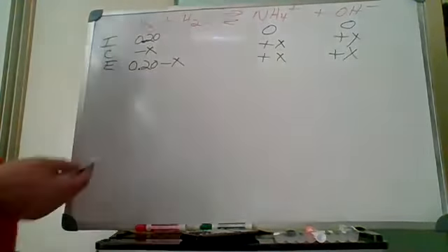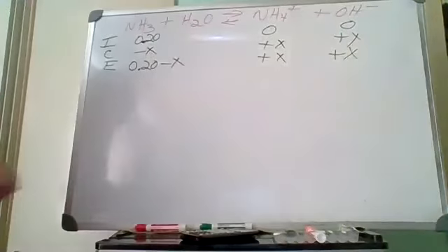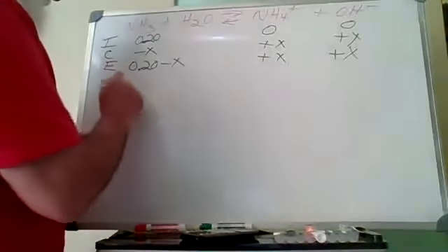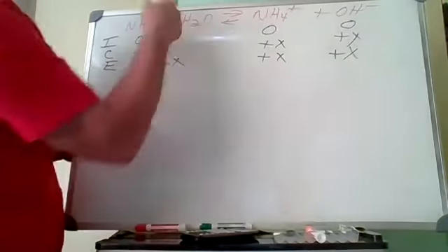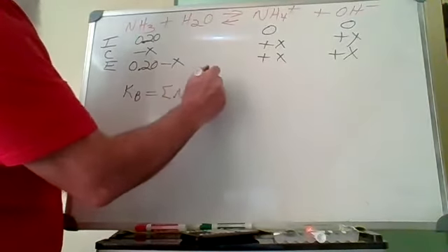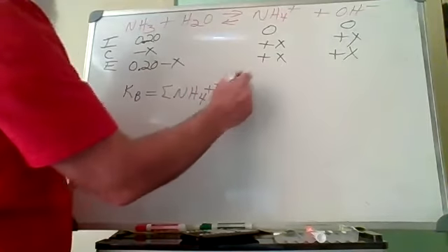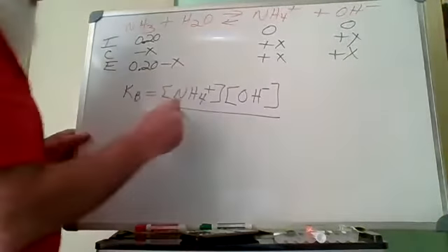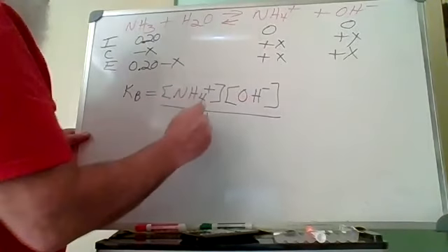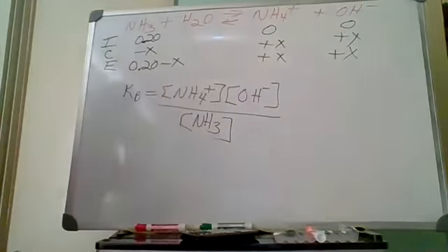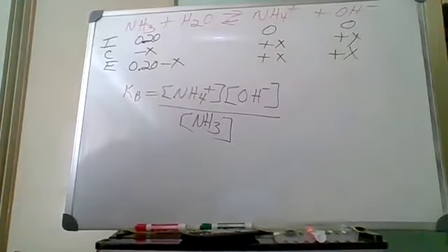Okay, so now we can set up an expression for Kb. Kb equals products over reactants. And let's see, what do we ask to find here?